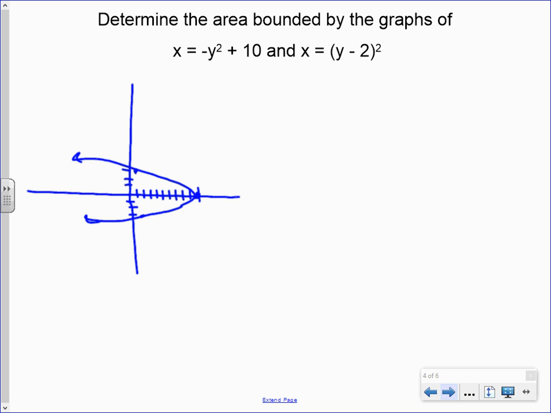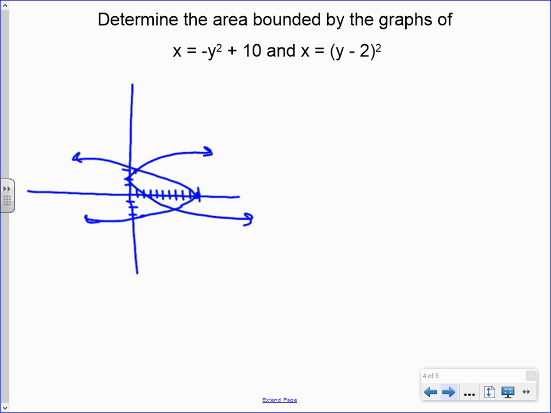So now let's change x and y. Instead of a right shift, it's going to be an upshift. Okay, if you don't know, plug in some numbers until you get a shape.